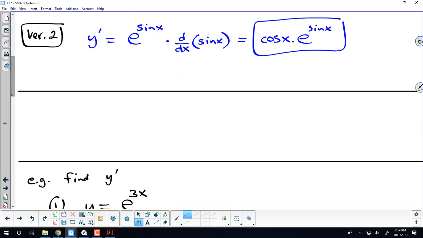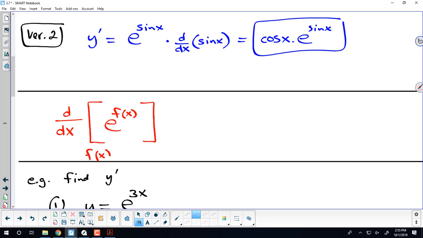All right, so it's really important to remember this. I'm just going to write it out sort of generally, but if I take the derivative of e to a power, we'll call it f of x, and we'll say that f of x is not a constant.